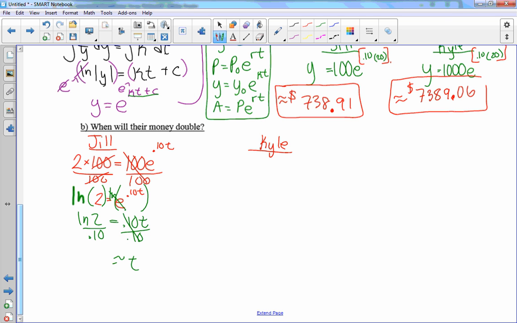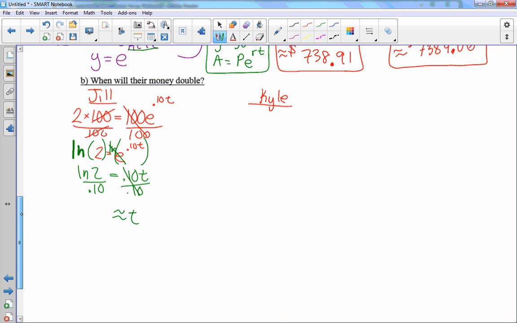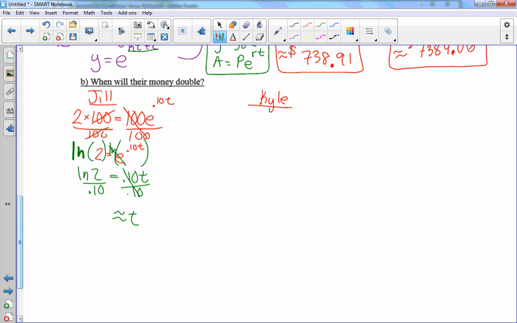So, approximately when, in years, because our time was in years, approximately when will it be doubled? Now, it doesn't say how to round, so I'd probably go with 6.931 years. Okay? Find the same for Kyle. When would Kyle's money double? Instead of starting with $100, he's starting with $1,000.